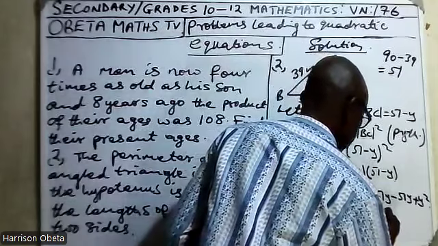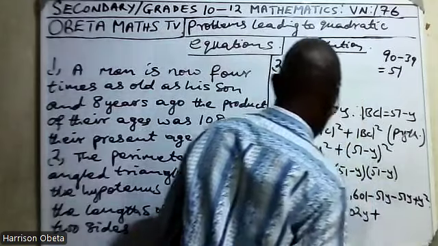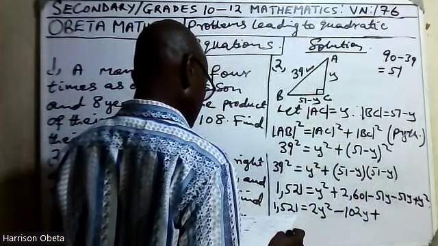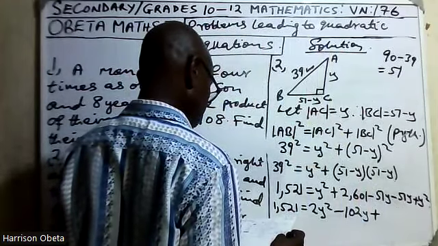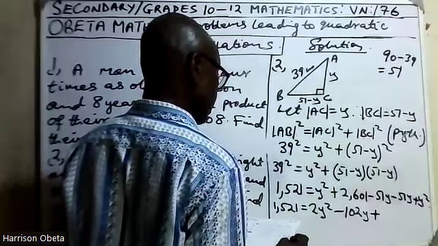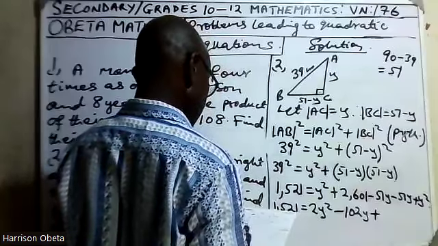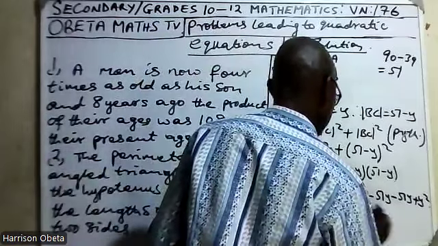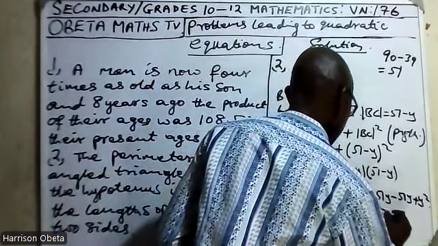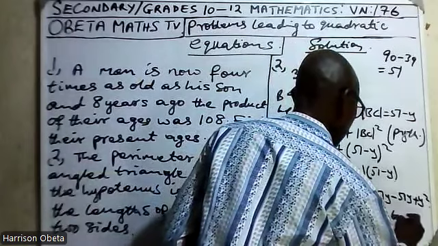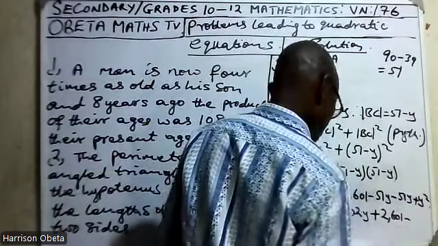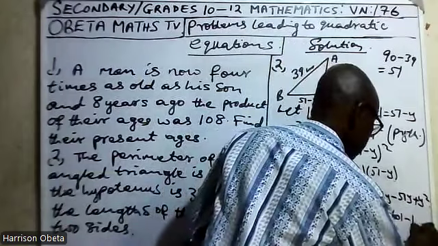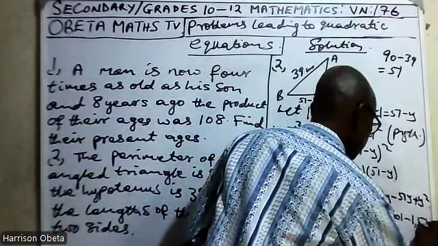Then plus 102y minus 102y plus 2601 minus 1,521.